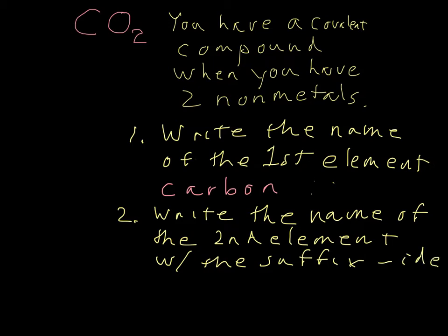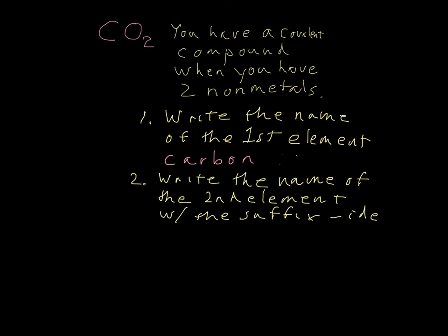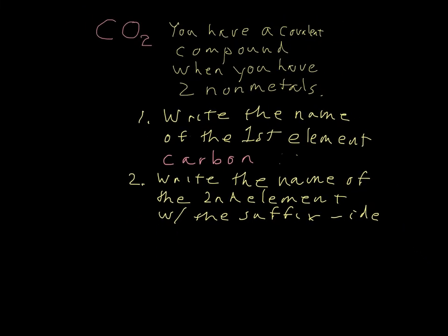So just like we did with ionic compounds, we take that second element, we drop the last syllable and add IDE. So our second element here is oxygen, so oxygen is going to become oxide. So we have carbon, then we have oxide.